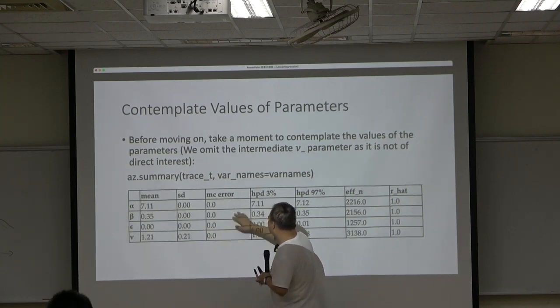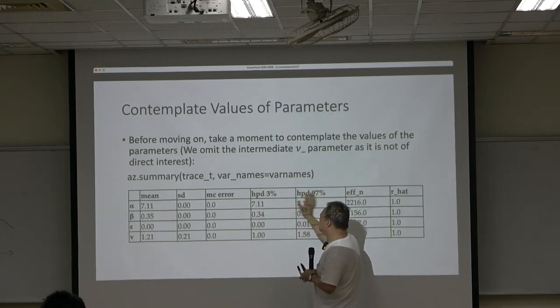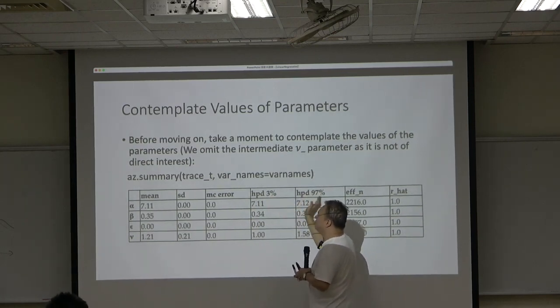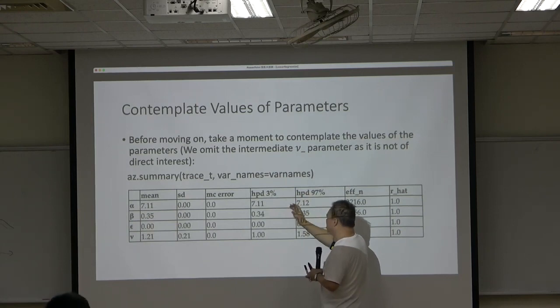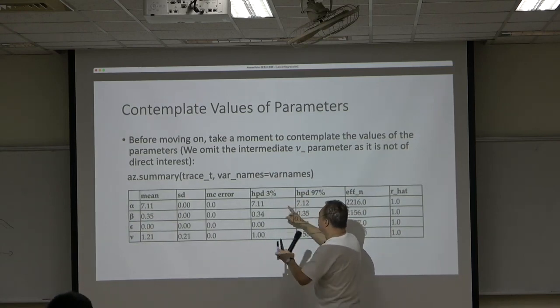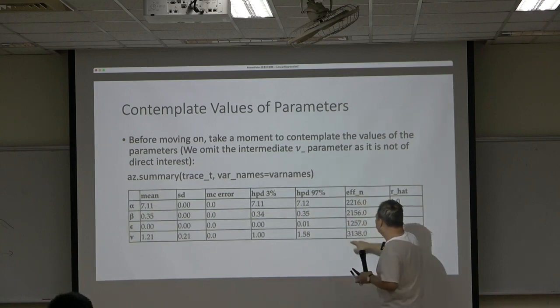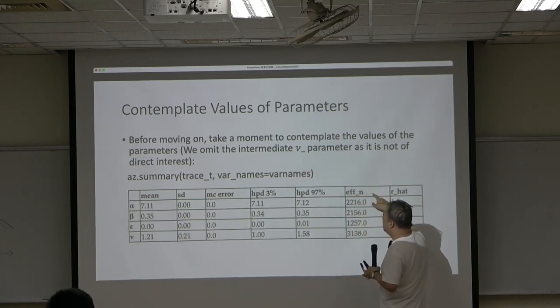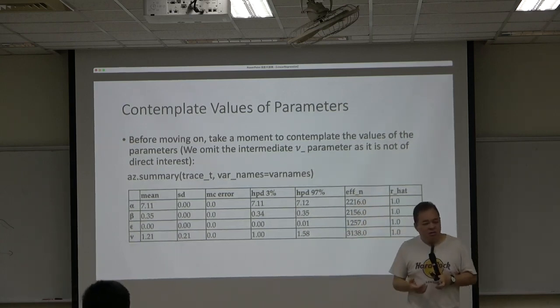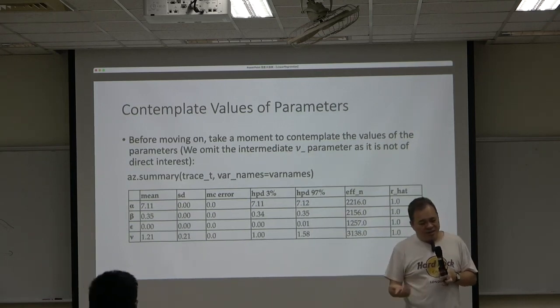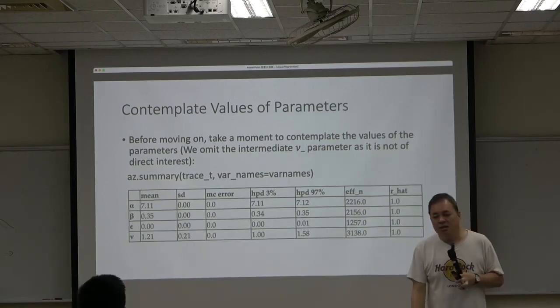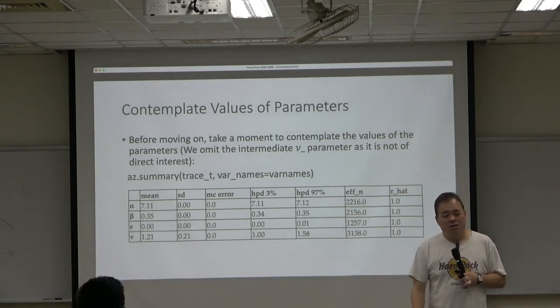But these two fields are pretty easy to understand; they just represent the range of your 94% HPD. But this one is important because it tells you how representative your chain is.